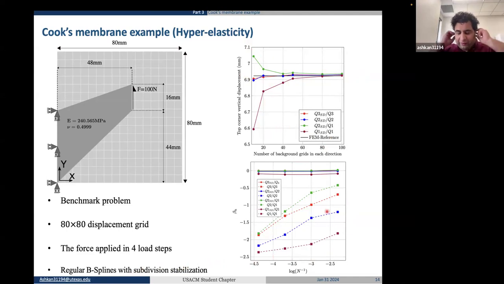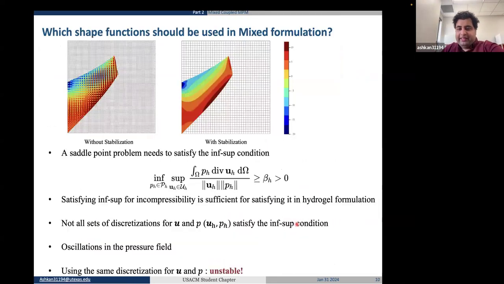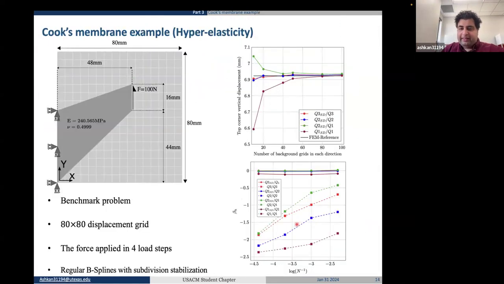And this is how we calculated the value of beta_h, which is an eigenvalue problem. In a numerical inf-sup test, we are calculating the value of beta here, and if it remains constant, it means that the element is stable, and if it is decreasing, it means it's unstable.